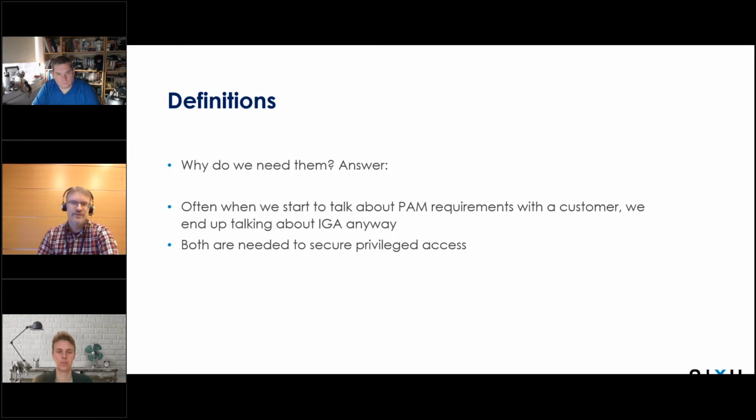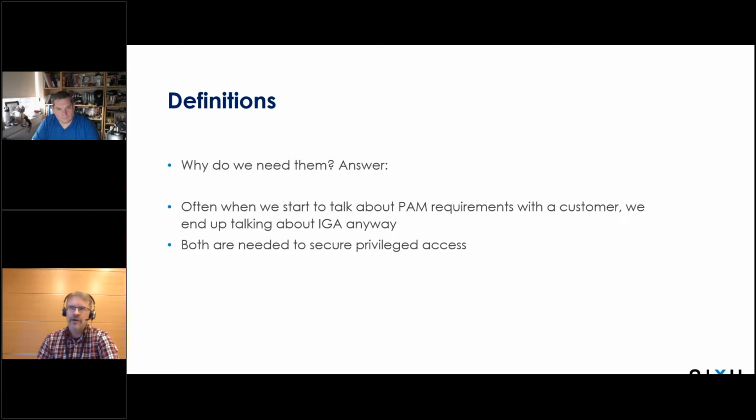And there's a couple of reasons to this. First of all, there can be a little bit of confusion and overlap in the thinking on our customer side that, well, what exactly does PAM do and what exactly does IGA do? So it is good to clarify that.